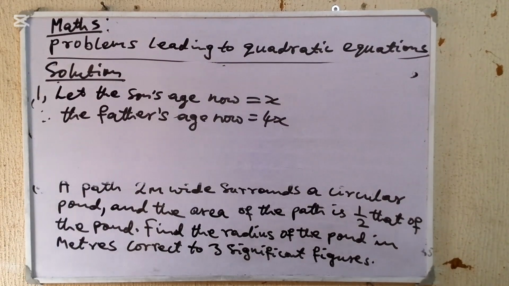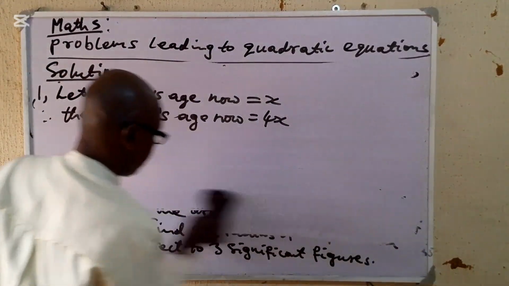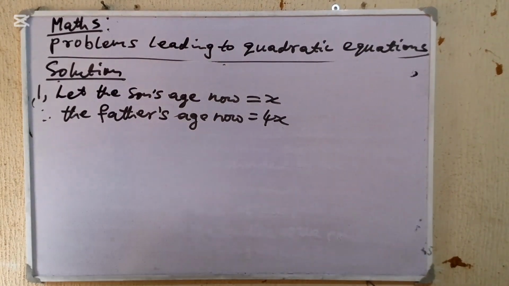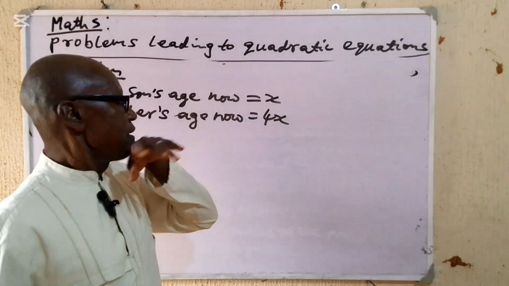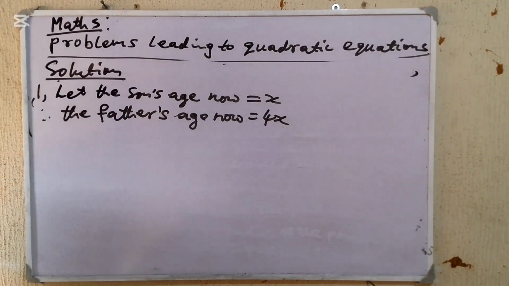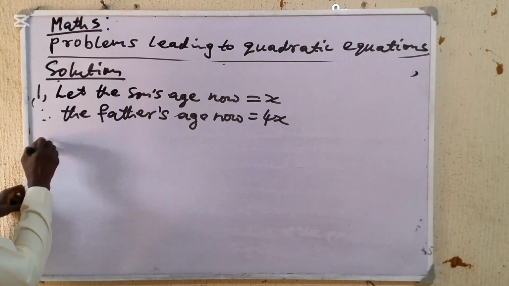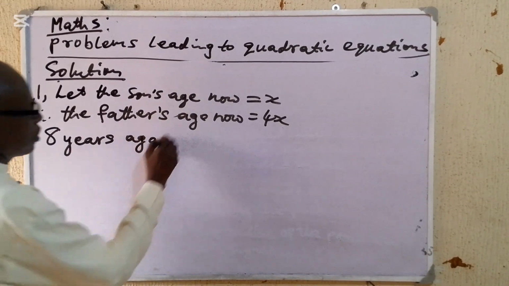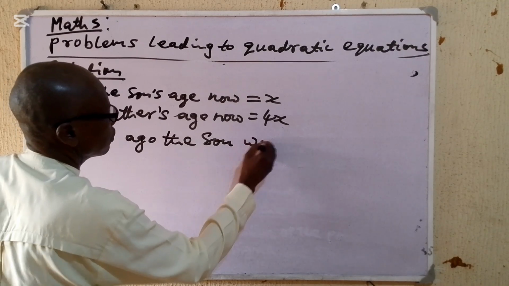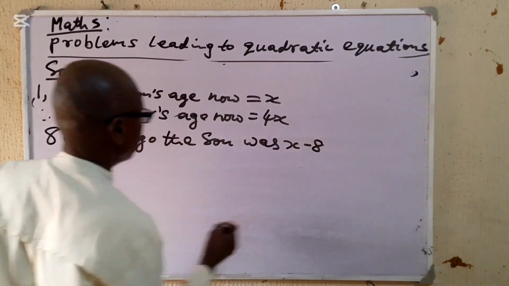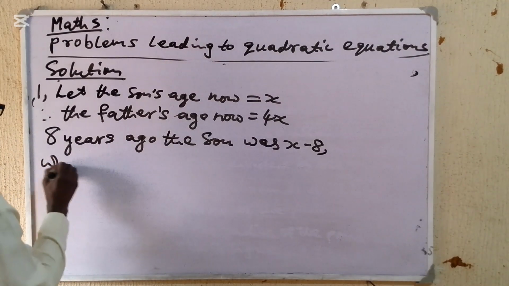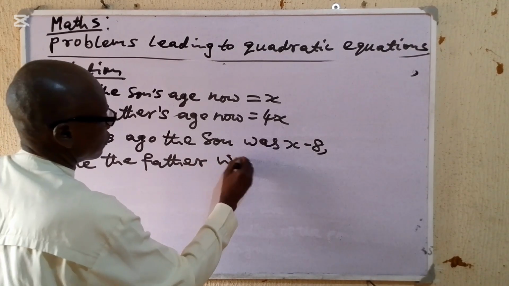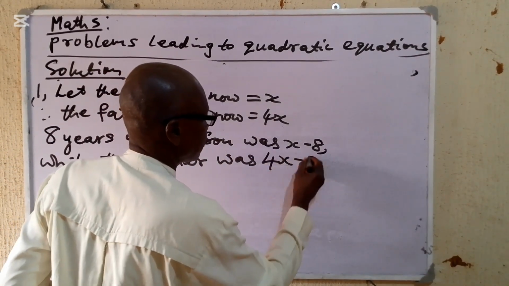But we are told that 8 years ago, the product of their ages was 108. 8 years ago means that we have to subtract 8 from each of the number of years. 8 years ago, the son was x minus 8, while the father was 4x minus 8.